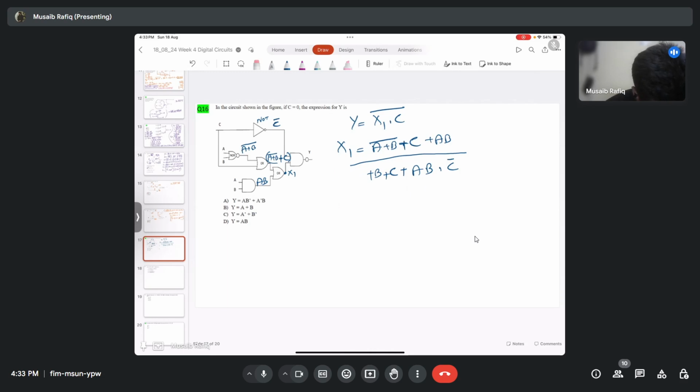So let me just write it here. y will be equal to C bar dot (AB plus (A plus B) whole bar plus C), and then the whole bar.